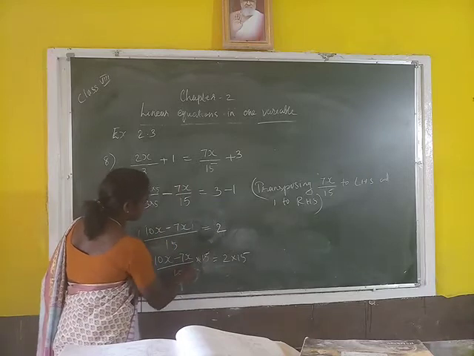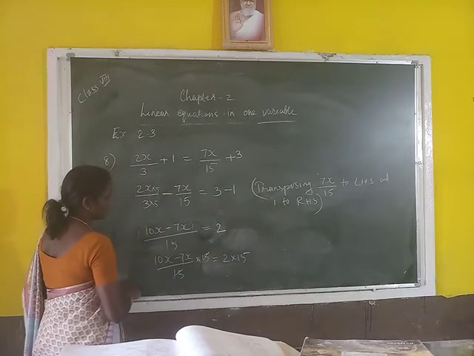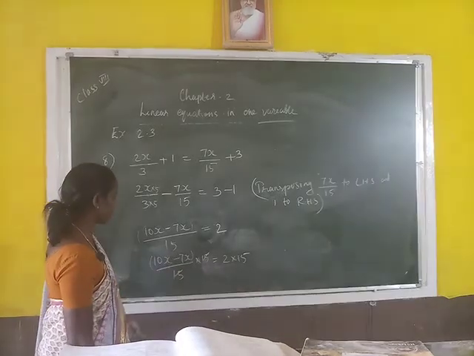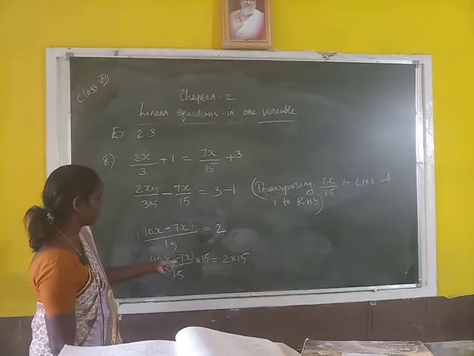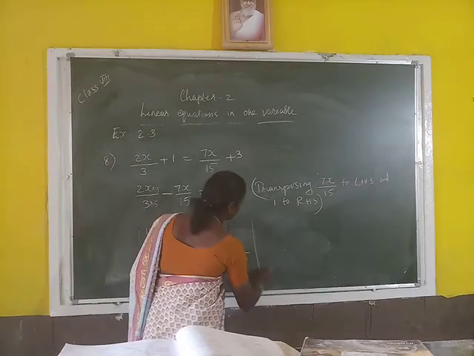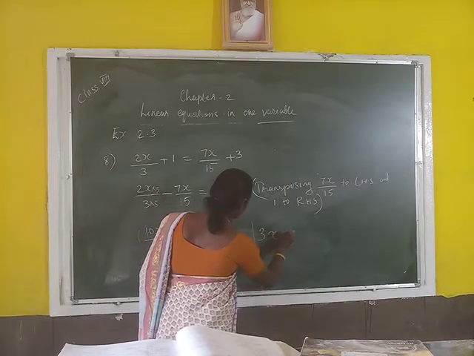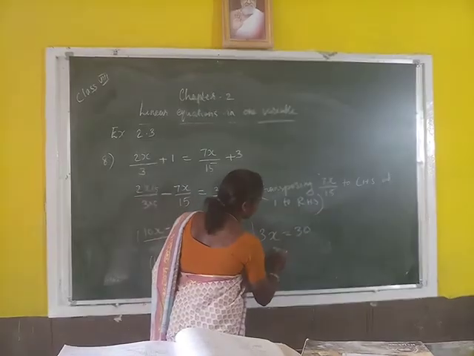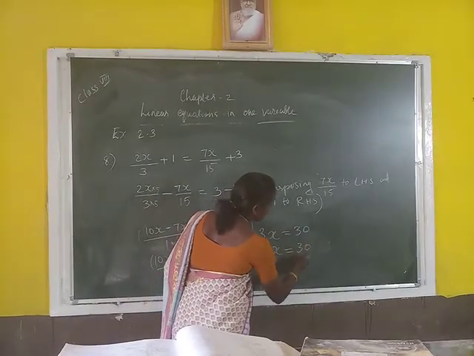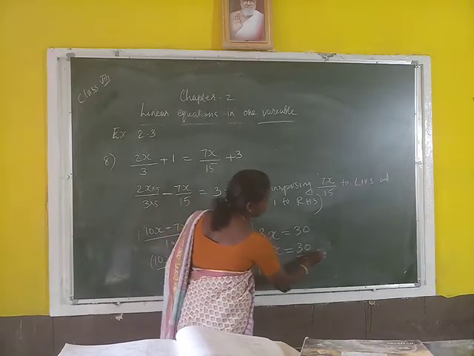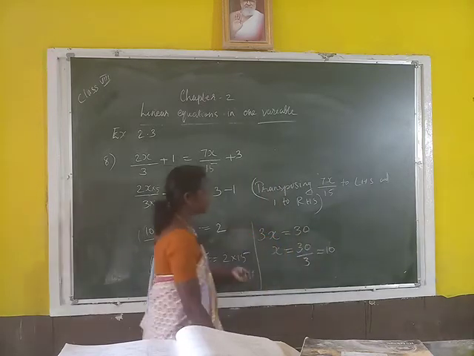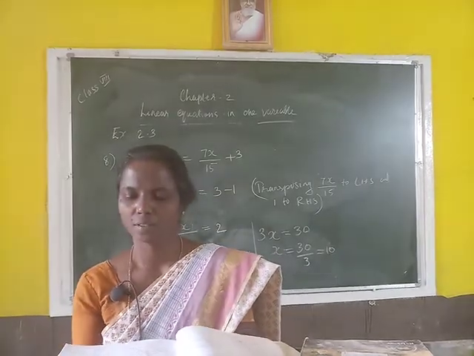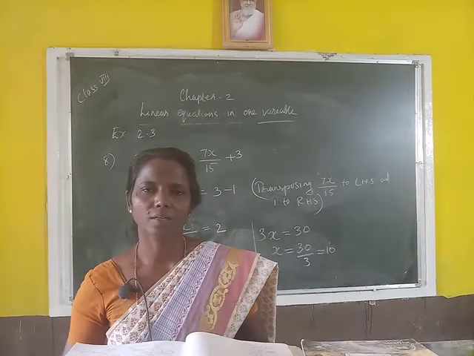Then this and this cancel. So this 15 and 15 cancel. The balance is 10x minus 7x, which is 3x, equal to 15 2s are 30. Then x is equal to 30 by 3, which is 10. So the value of this equation is 10.